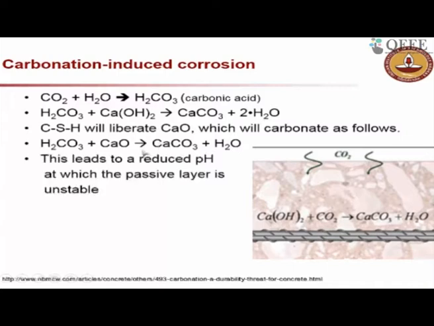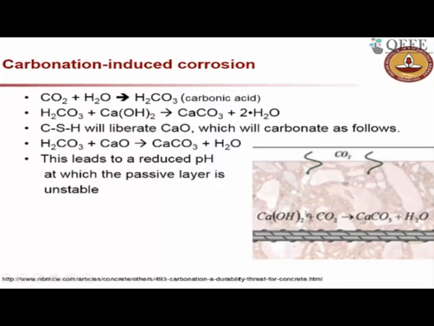The end effect of all this is that it reduces the pH, because in these reactions the calcium hydroxide is consumed. When hydroxide is consumed, your pH level is going to decrease. The end reaction is given here: calcium hydroxide plus carbon dioxide forming calcium carbonate and water.